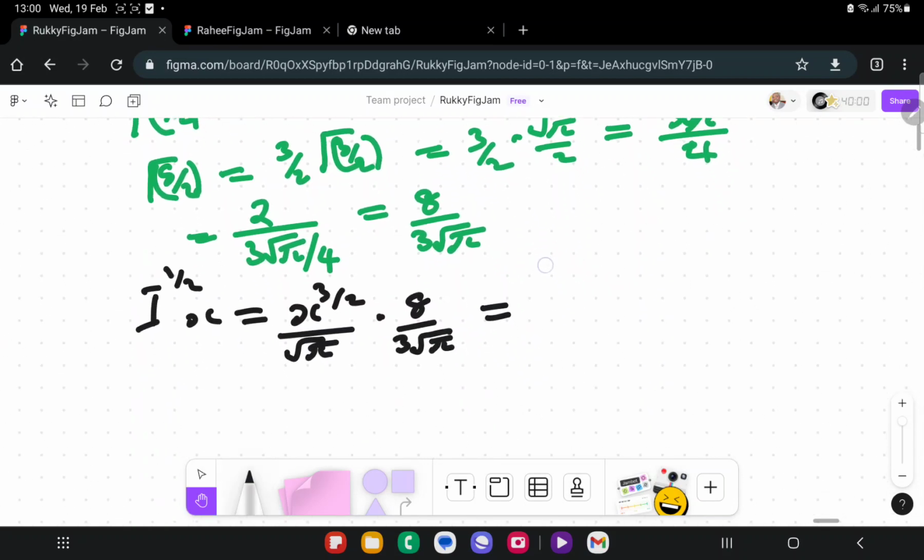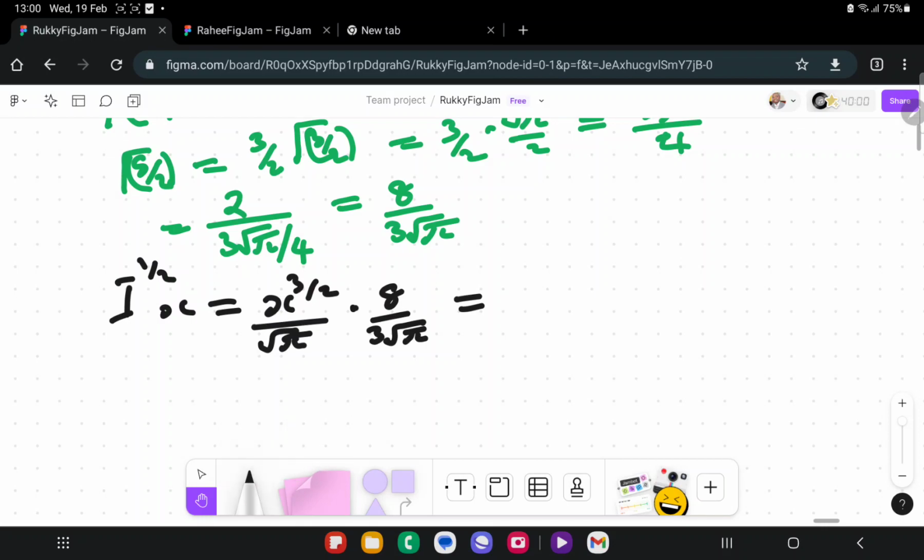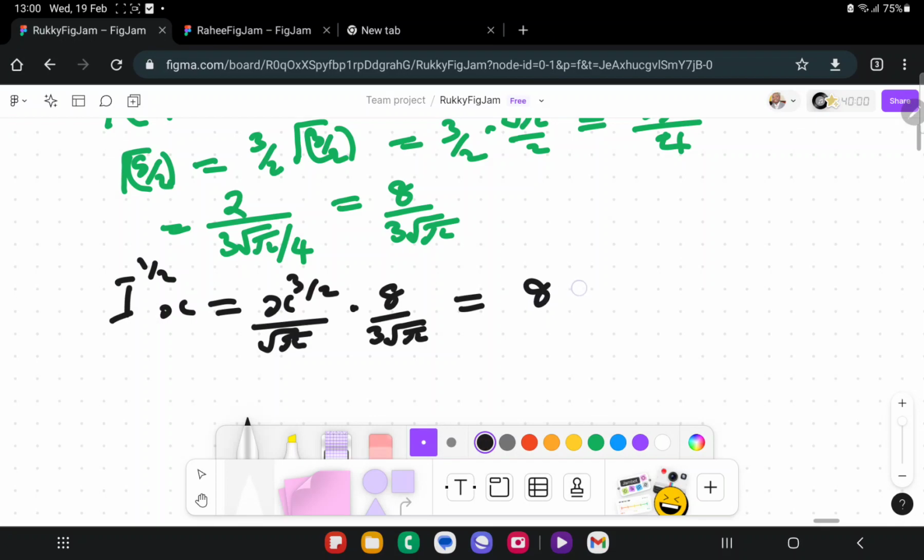And this now simplifies to 8x raised to power 3 over 2 all over 3 pi, and that is the value of the fractional integral of f of x equal to x. Thank you very much.